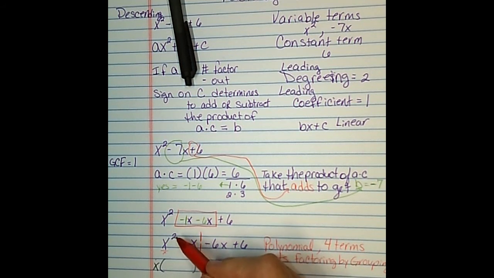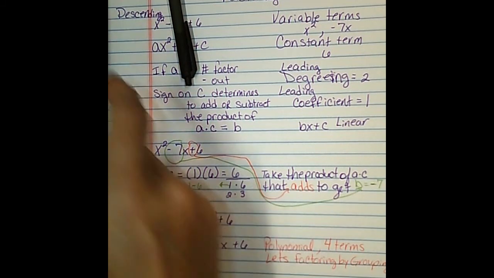And the quotient rule says if I divide by like bases, I subtract the powers, top minus bottom. So 2 minus 1 leaves me with x, right? So I got a negative x and a positive x. And we know when we divide negative by positive, we get negative. And I know x goes into x 1 time. So I've taken care of that side.